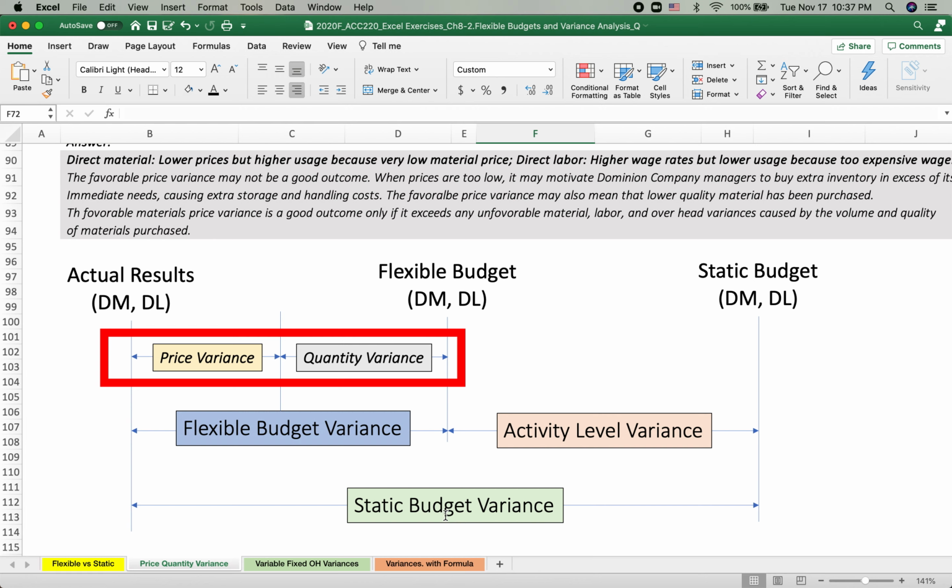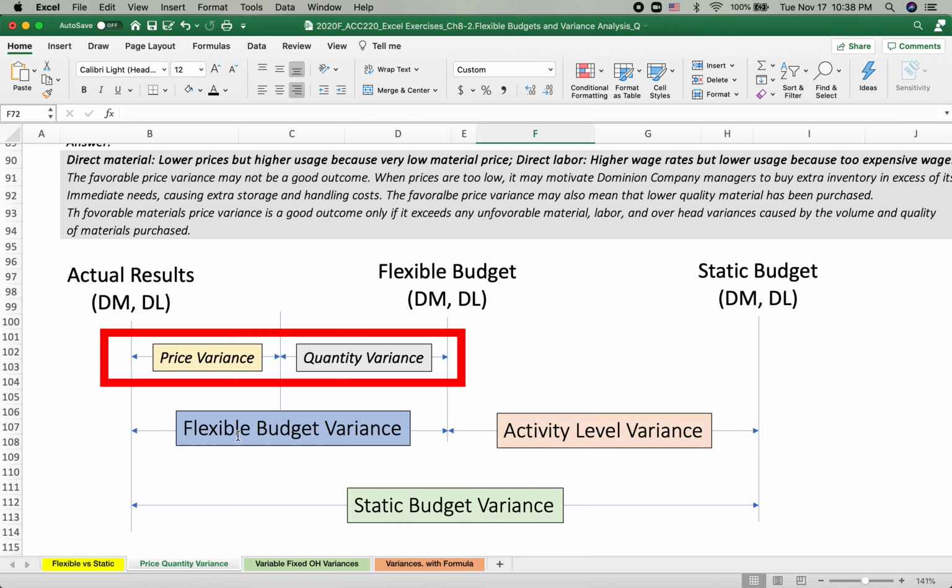variances. But now we want to focus on the flexible budget variances and what the components of the flexible budget variances are. All costs have variances in terms of price and quantity. So if we have an unfavorable or favorable result in the flexible budget variances, or any kind of variances, it is comprised of price and quantity.